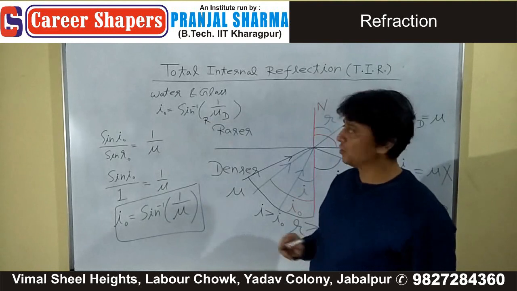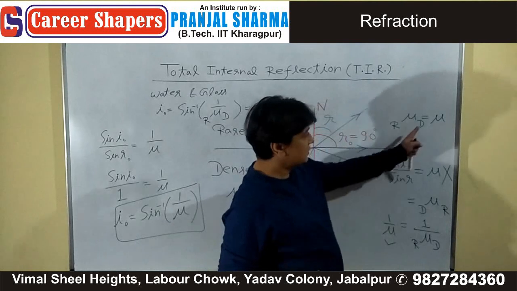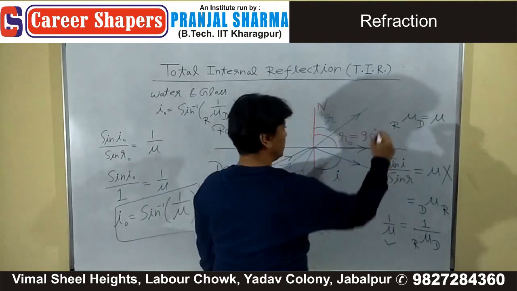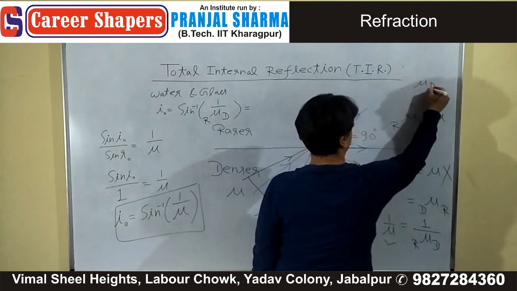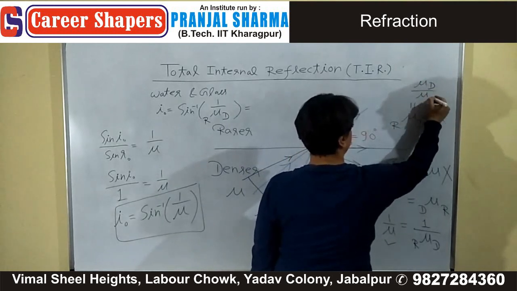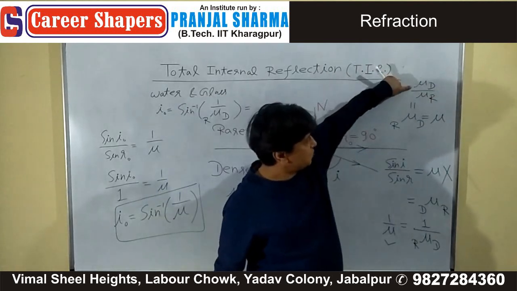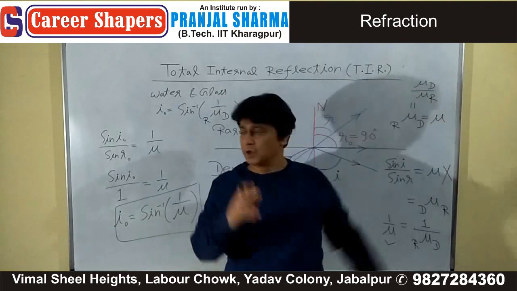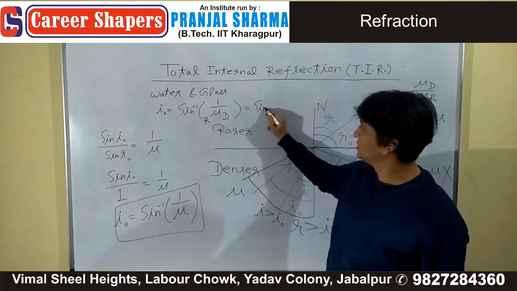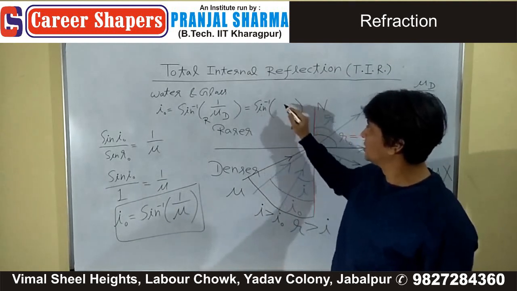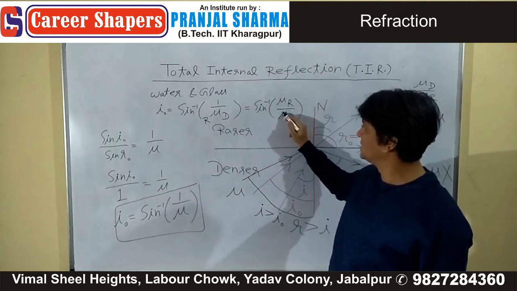Now, a much better way is the next one. This thing we know is nothing but the refractive index of the denser medium divided by the refractive index of the rarer medium with respect to air, which means this part simply becomes sin inverse mu rarer upon mu denser.